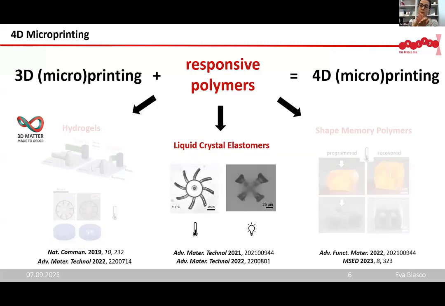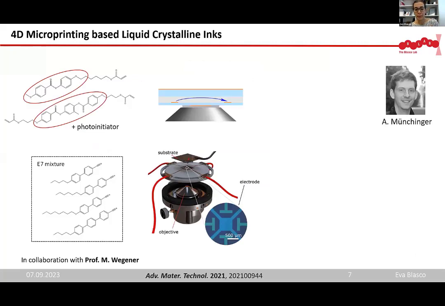Very often it's done via rubbing structures, but when we want to go to complex 3D structures, we want methodologies that allow us to align also in the third dimension. So that was our first step, to enable the technology to have the freedom to align liquid crystals while printing. That was done by Alexander Musinger, a PhD student in the group of Martin Wegener.